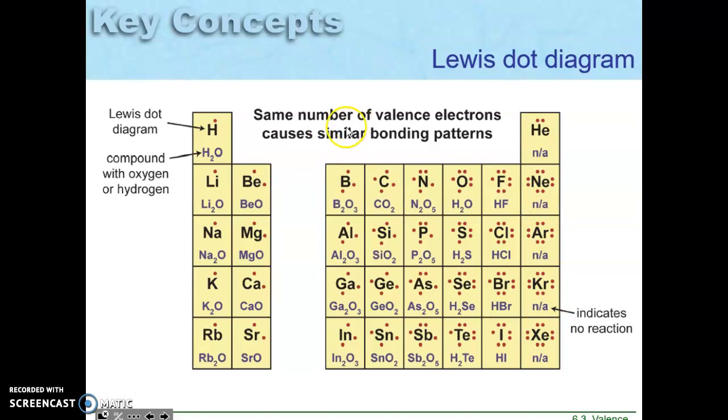You can see the valence electron causes similar bonding patterns. So when these group 1 elements are bonding with oxygen, it's always in a 2-to-1 ratio. Whereas in group 2, it's always going to be in a 1-to-1 ratio. Group 13, it's going to be in a 2-to-3 ratio. Group 14, a 1-to-2.